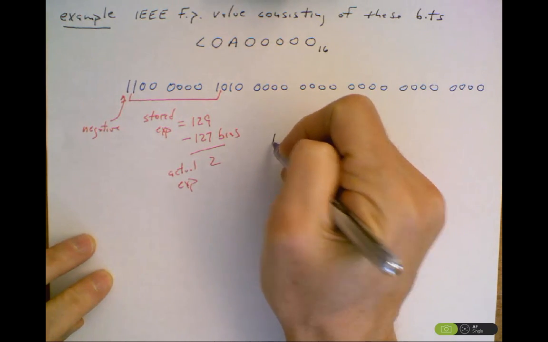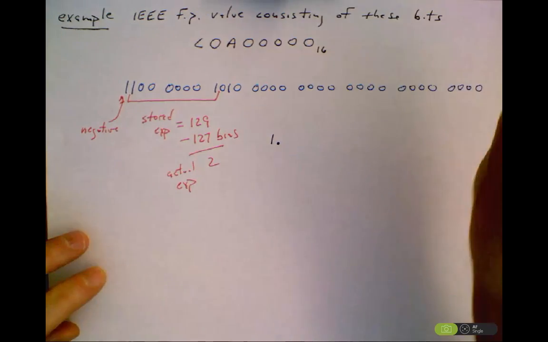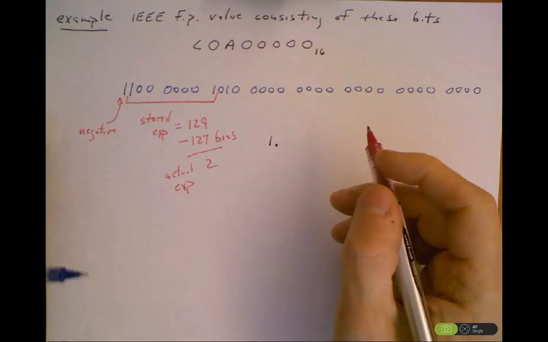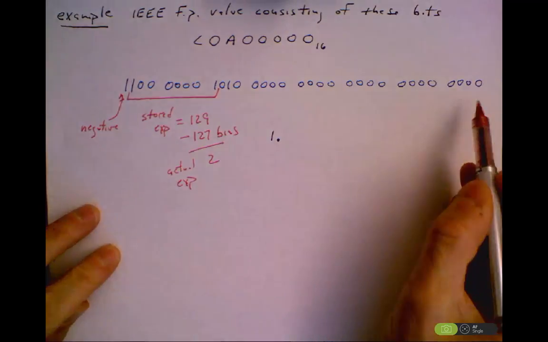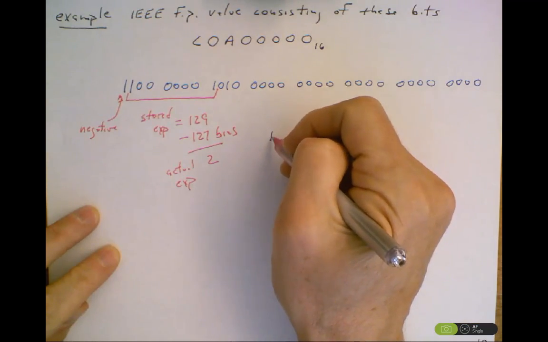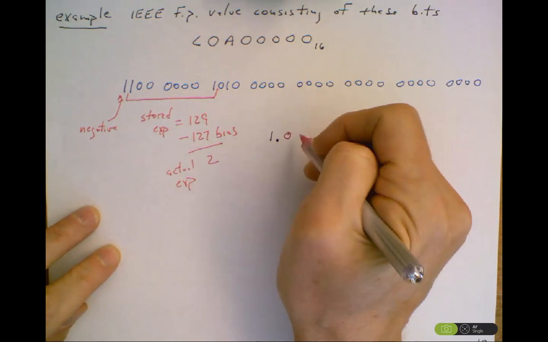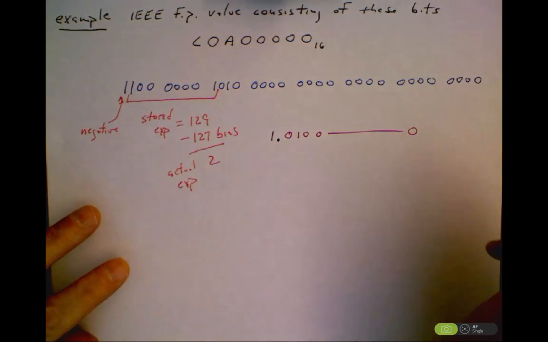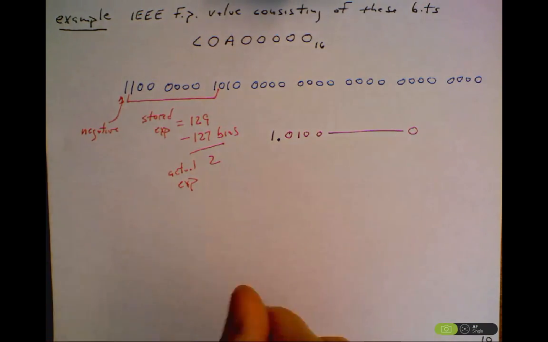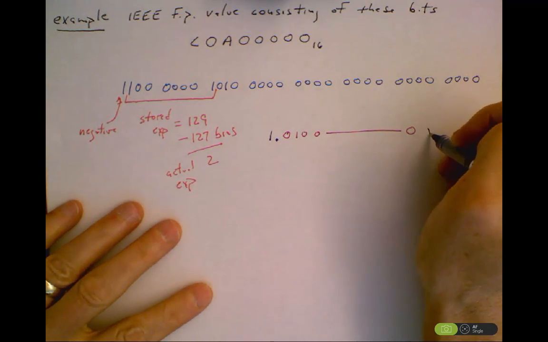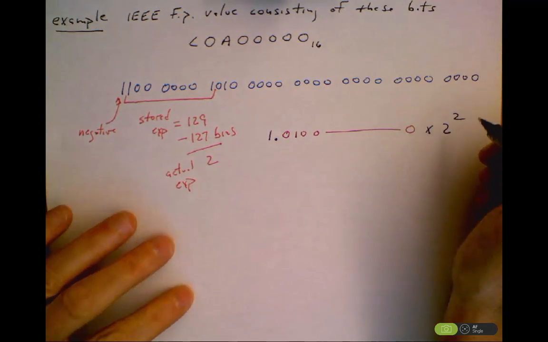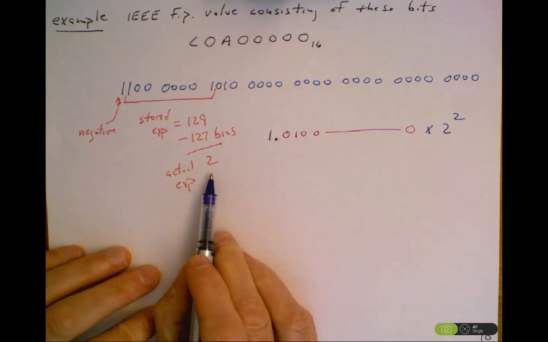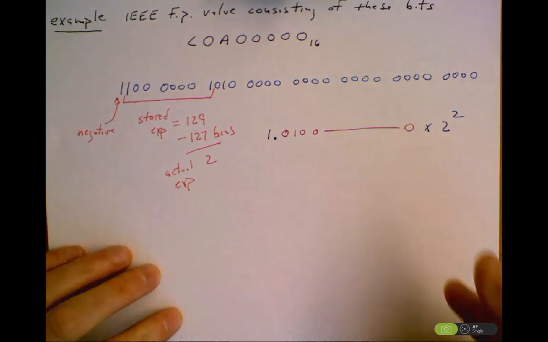I've got to remember that I have the hidden 1 bit, and then I copy in the significand bits from here to the right. There's the hidden 1 bit that has to be put in, and then there's 0, 1, 0, and then a whole bunch more zeros. And it's times 2 to the second, because I subtracted the bias amount from the stored exponent to get the actual exponent. So that's the number.